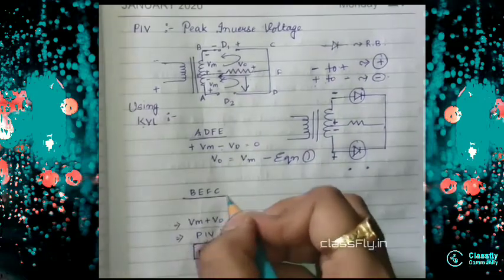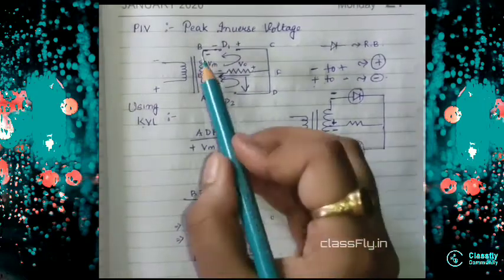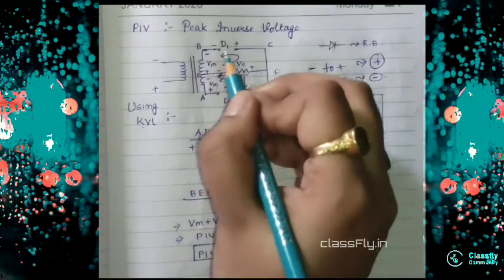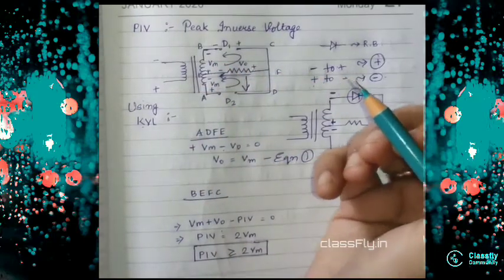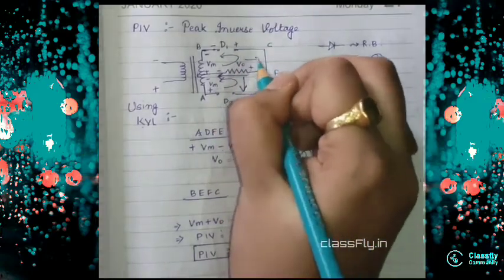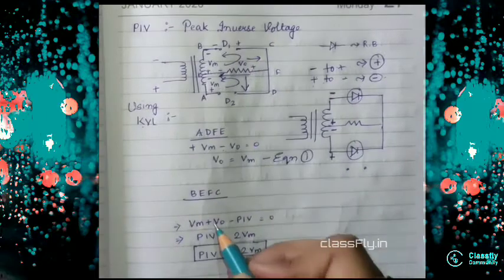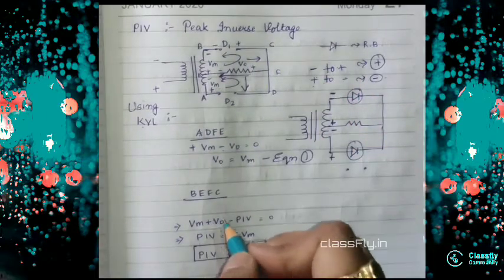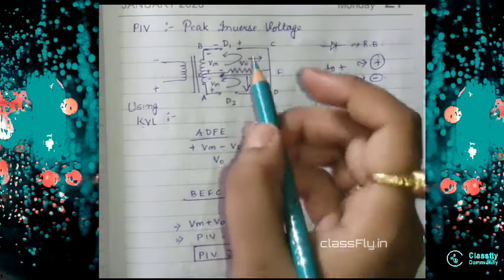Now if we take the loop BEFC, the current is moving in this direction, right? As it is moving in this direction, that is V0 is moving from negative to positive, we will take the positive sign, that is plus V0.